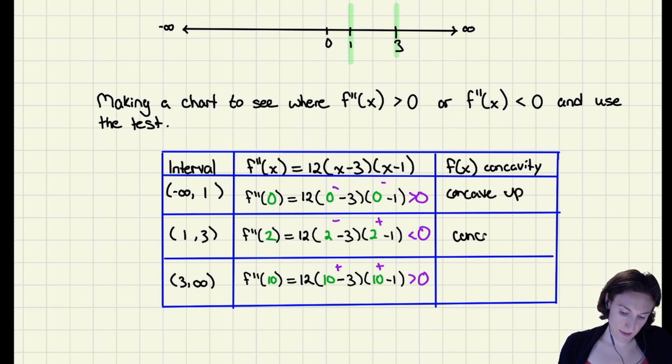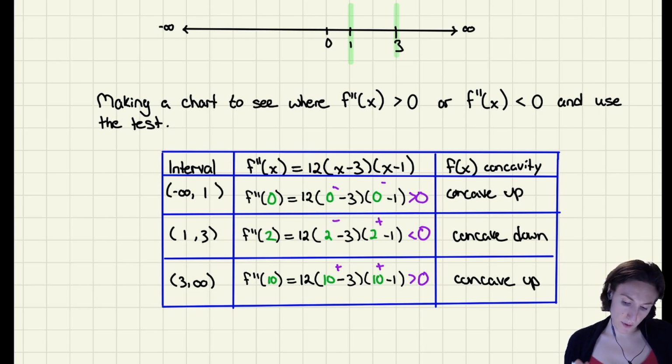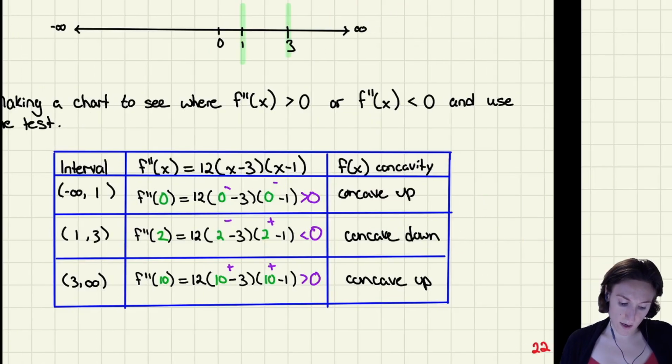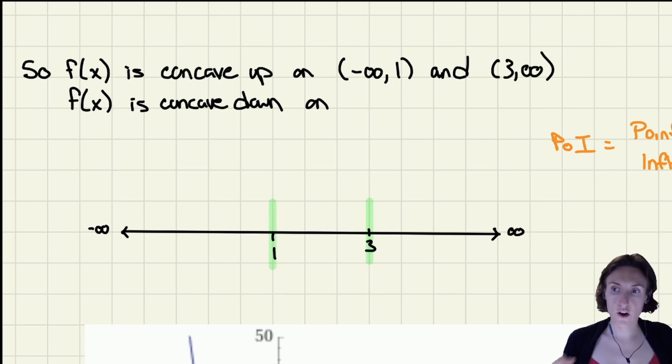This one's concave down. This one is concave up. So concave up is negative infinity to 1 and 3 to infinity. And then the concave down part is between 1 and 3.